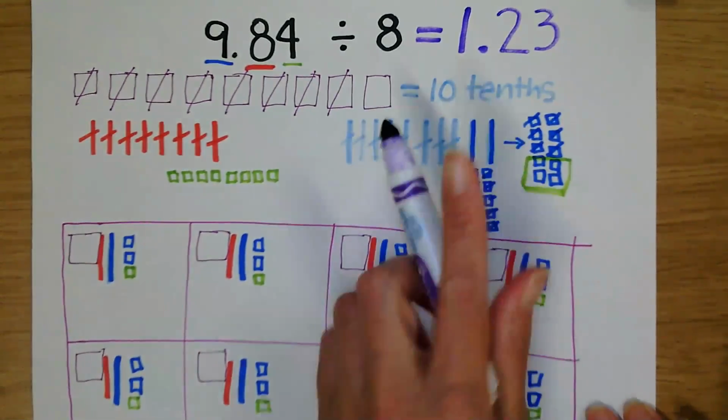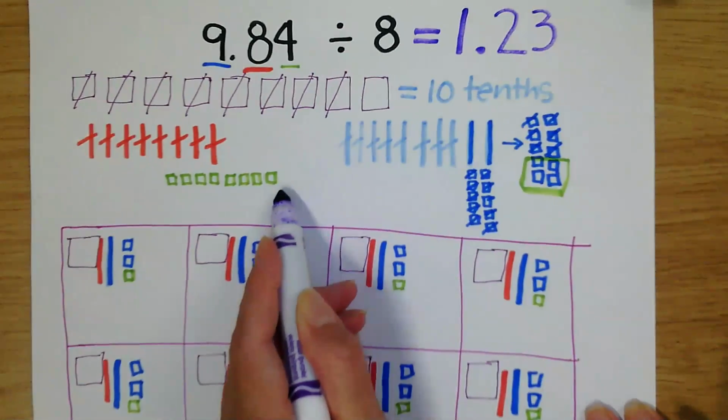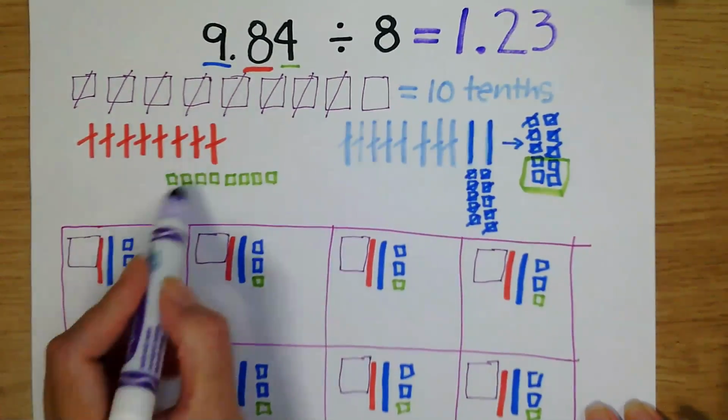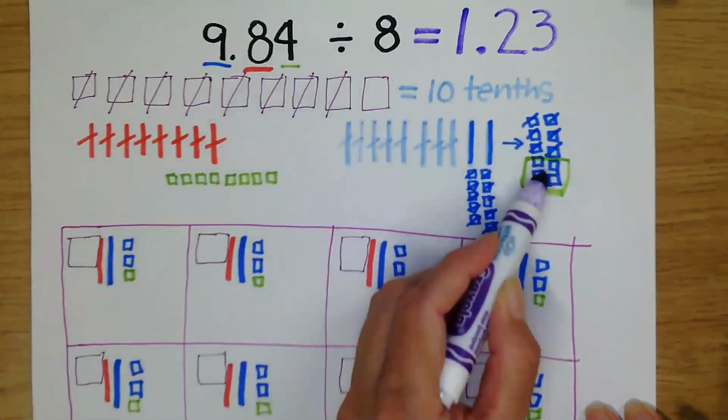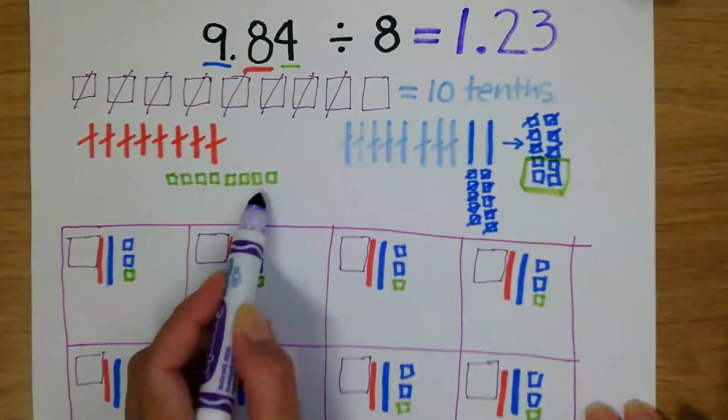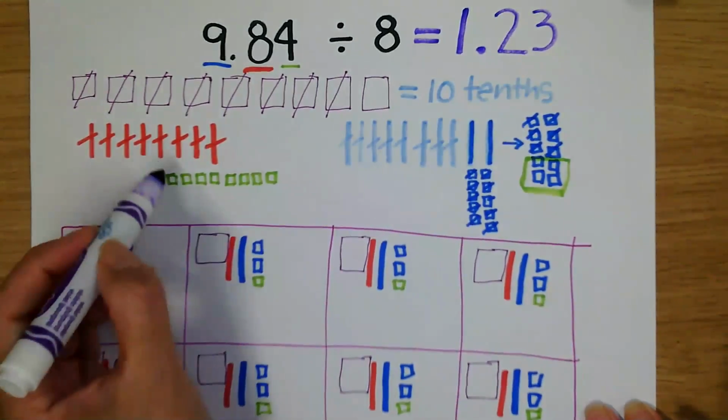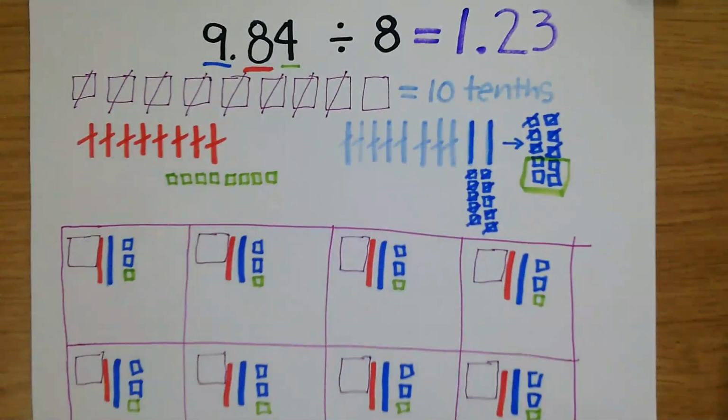We put them together, and then we had 8 hundredths, and we could divide those among the 8 groups.